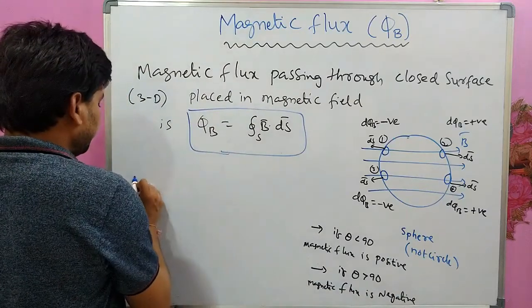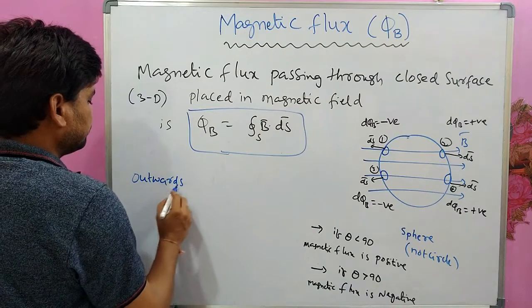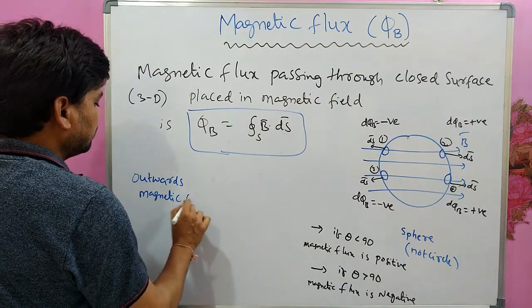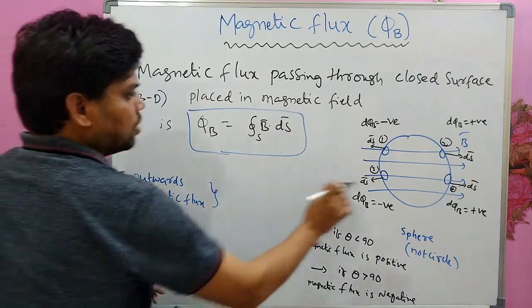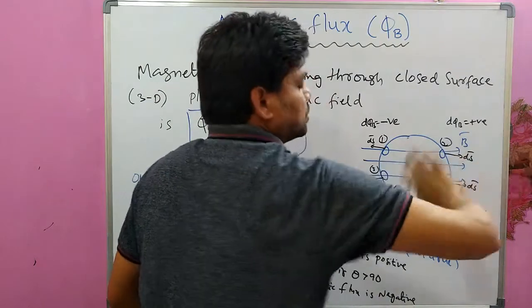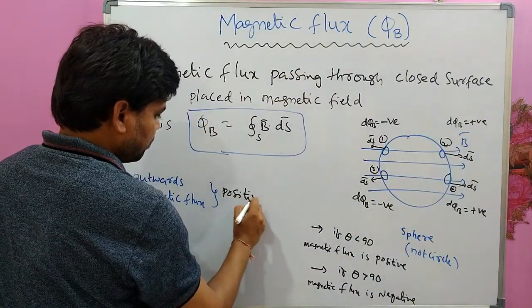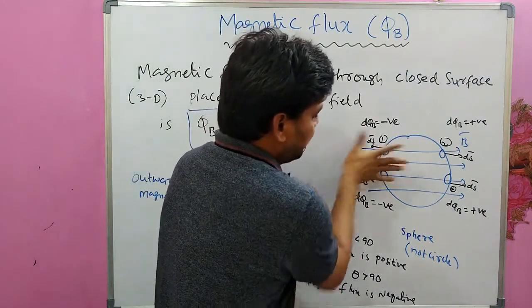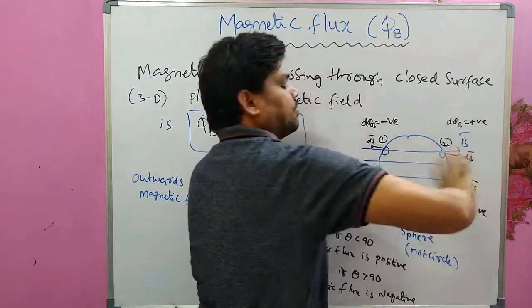So from this, what we can write is outwards magnetic flux is positive. Outwards means that side, it is going out, positive. And inwards magnetic flux, see, the magnetic field lines are entering from this side and leaving from that side.